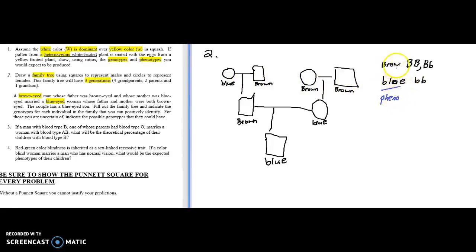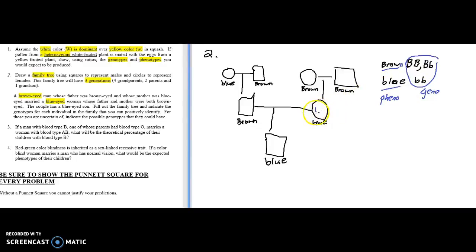I'm sorry, this is supposed to be brown, not brow. Brown. These are your phenotypes. This is what I can see. This over here, this is all of your genotypes, genotypic information, genetics.